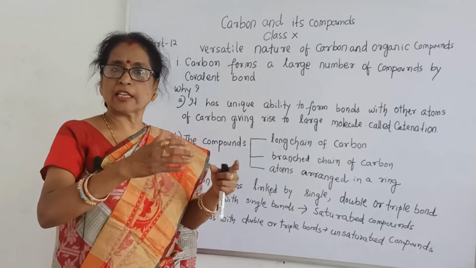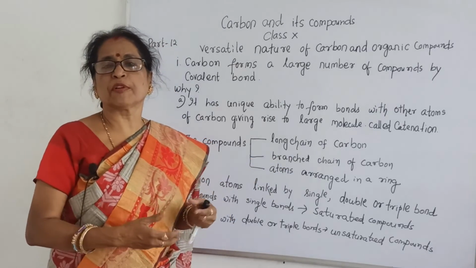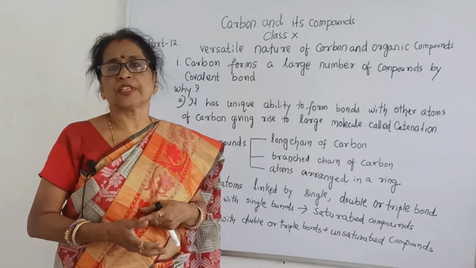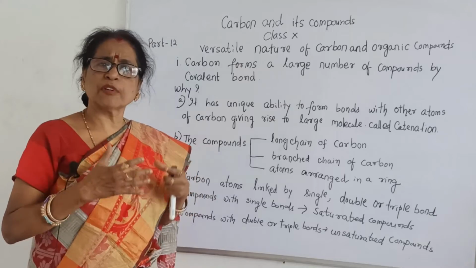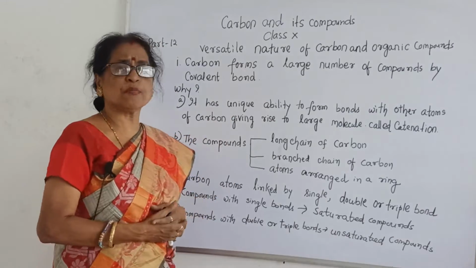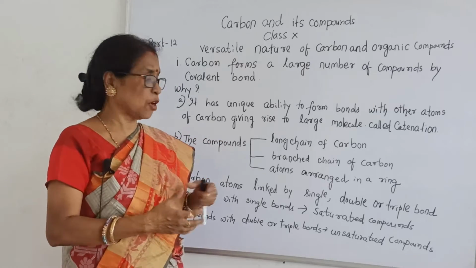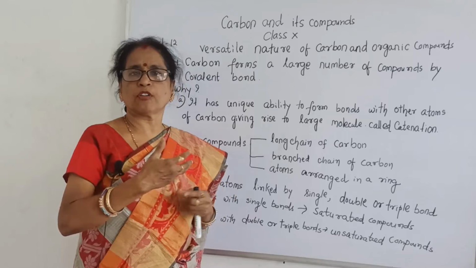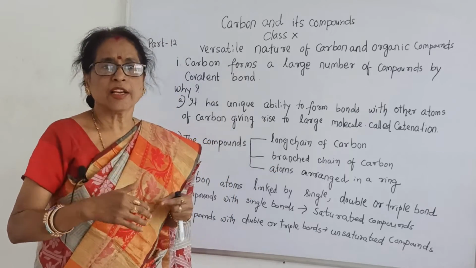Cyclopentane has 5 carbon atoms arranged in a ring. So due to the catenation property, carbon forms a large number of compounds, sometimes long chain, sometimes branch chain, and sometimes in a ring.